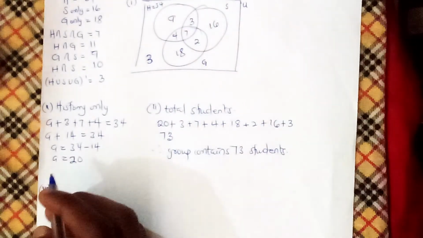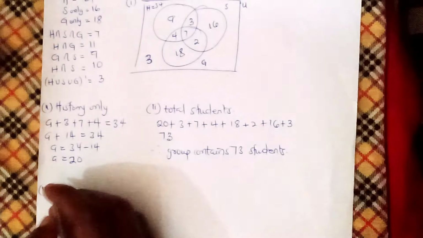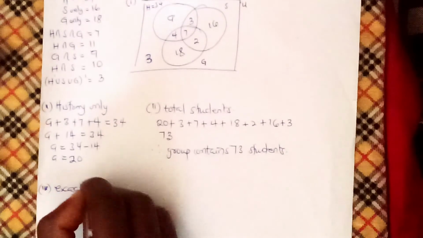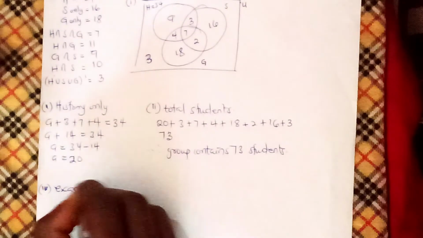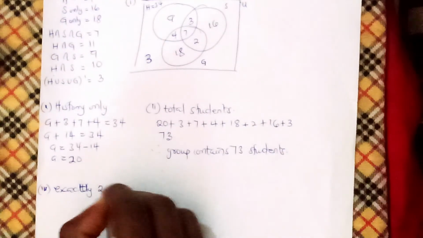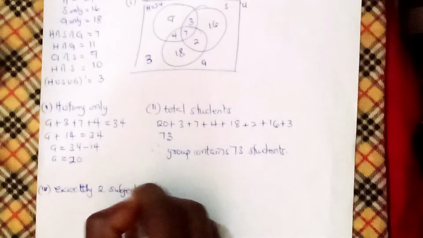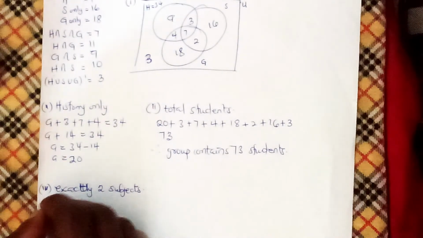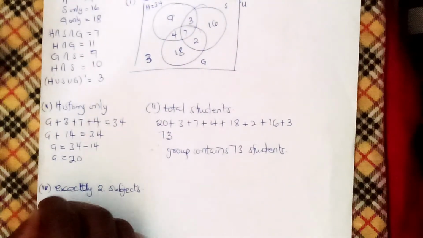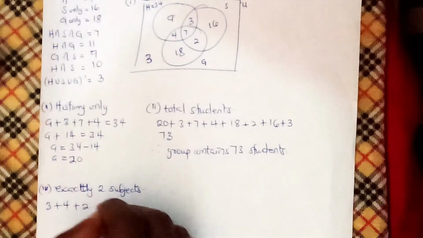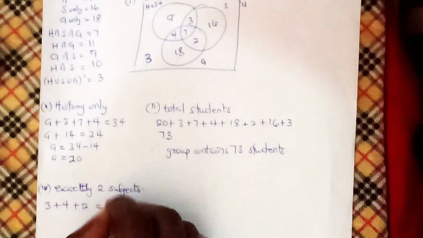So exactly 2 subjects, we have 3 plus 4 plus 2, which gives us 9.